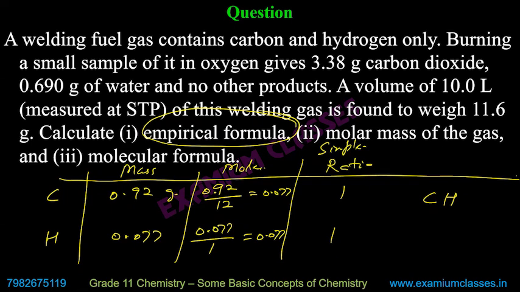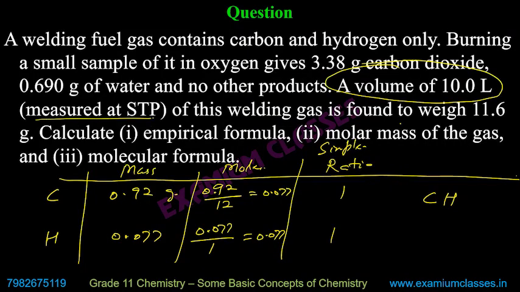Now come to the second point. You need to calculate molar mass. To get the molar mass, you need to use the information given here. Volume of 10 liters measured at STP of this welding gas found to weigh 11.6 grams. Now understand the relationship.